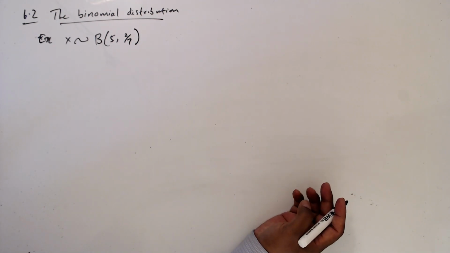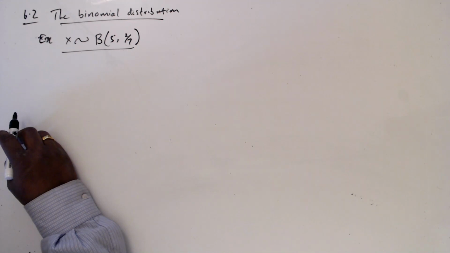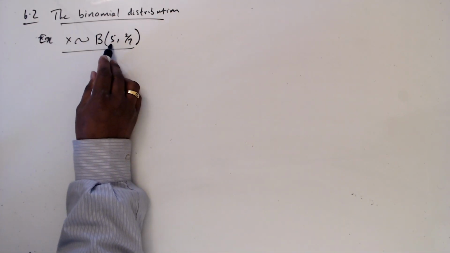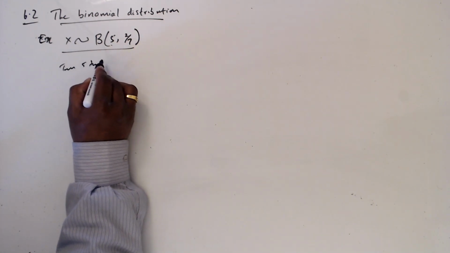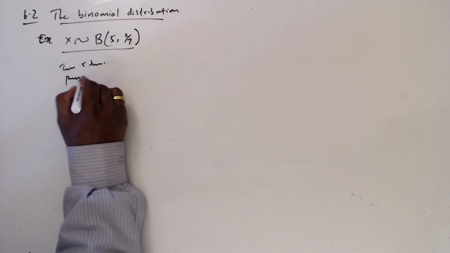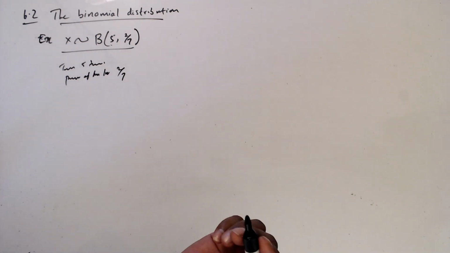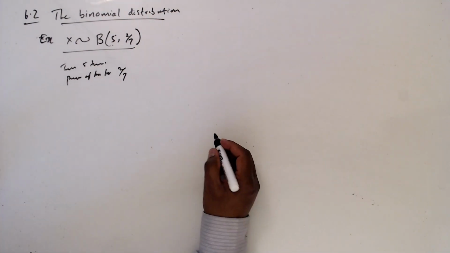Write the distribution. Can you tell me a story for this? I can tell a story: tossing a coin 5 times, and the probability of getting a head is 2 over 7. So this is the scenario for this. Now you know how to do it.